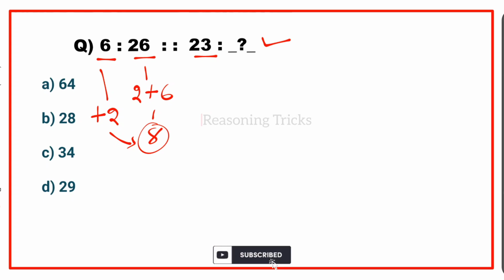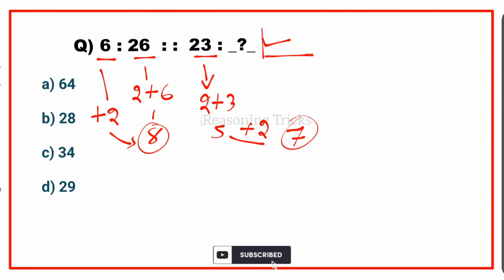Similarly, in case of 23, 2 plus 3 equal to 5. So we have to add 2 so that we can get the answer. 5 plus 2 is equal to 7. So the answer should be such that the sum of the two digits is 7.